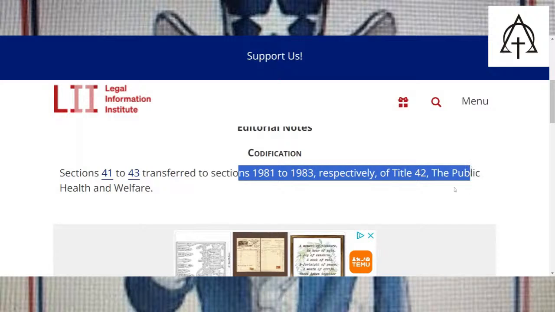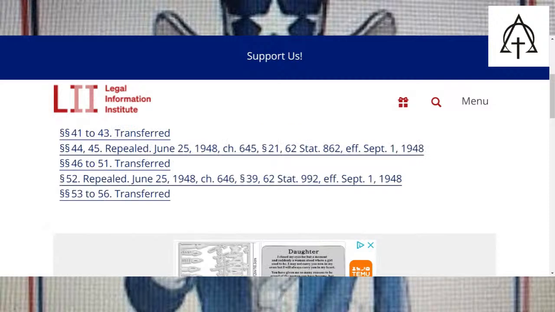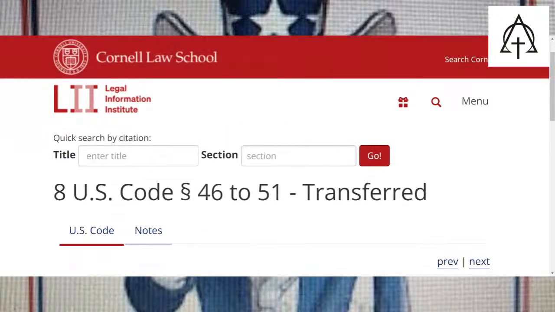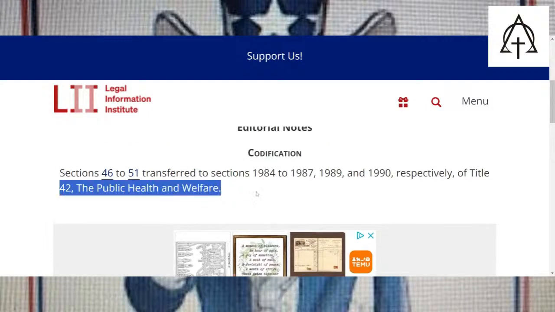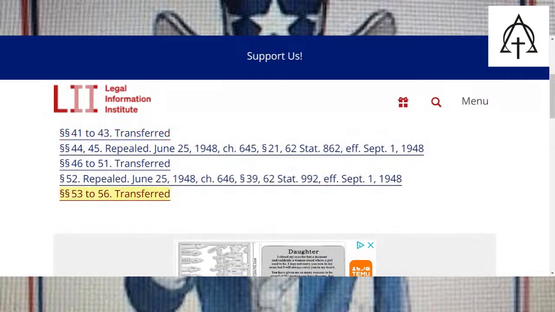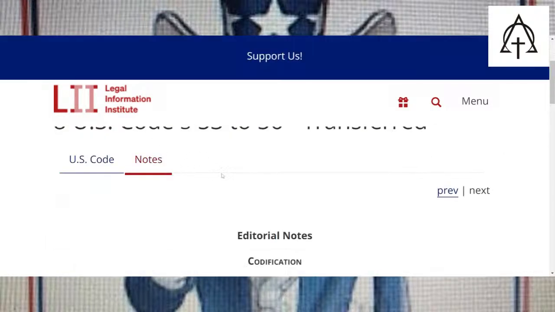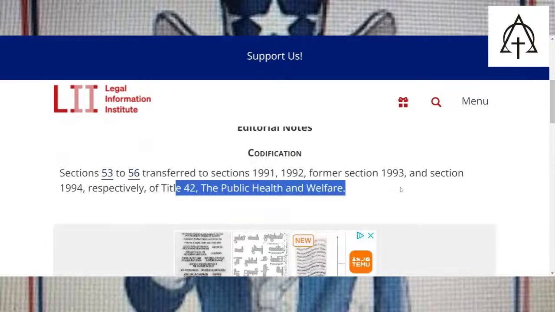Title 42 of the Public Health and Welfare.